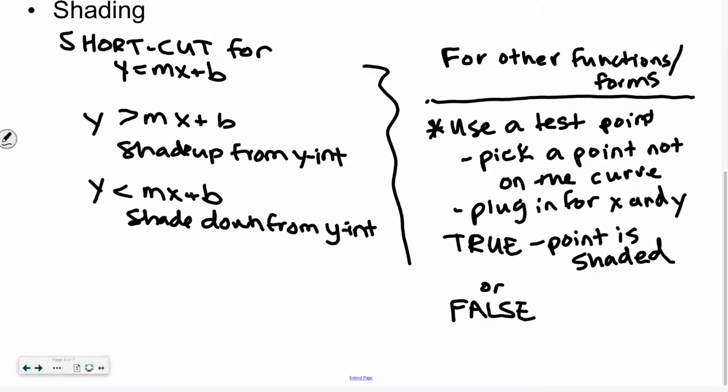This point should be shaded, so I'm going to shade over here and everywhere else that area is. If you plug in a point and the point is bad, it comes out false. That means that point should never be shaded because it doesn't work with the inequality. So the point is not shaded.